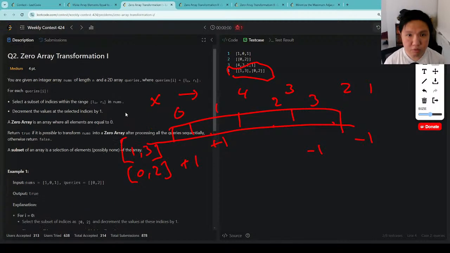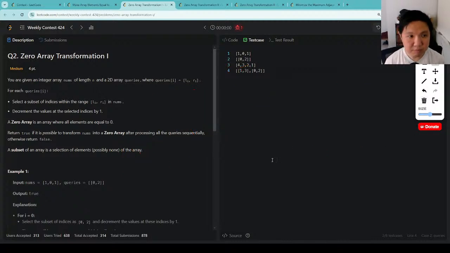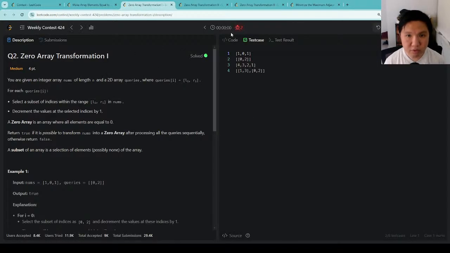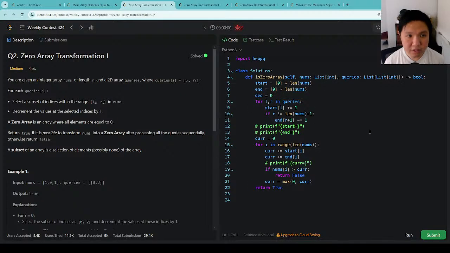Okay, so question 2, Zero Array Transformation 1. Let me just refresh to show my code. You're given an integer array nums of length n and a two-dimensional array queries, where queries[i] equals [left_i, right_i].